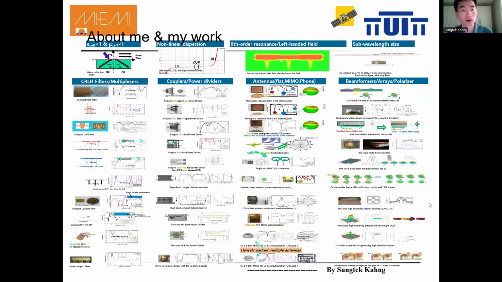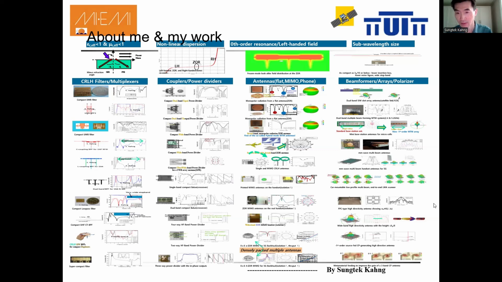This entire collection of pictures shows metamaterial based filters, and metamaterial based couplers and power dividers for improved performance compared to other reported structures or developments. And the metamaterial based antennas for IoT applications.